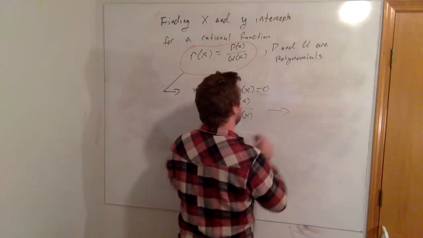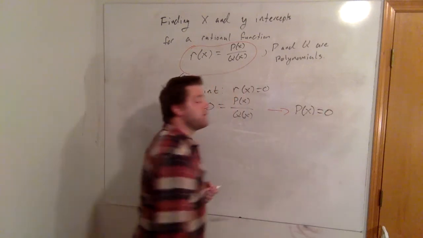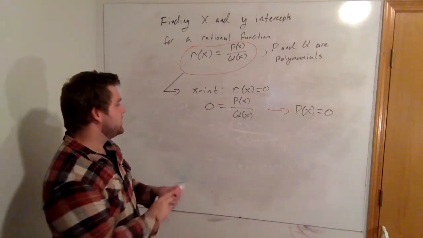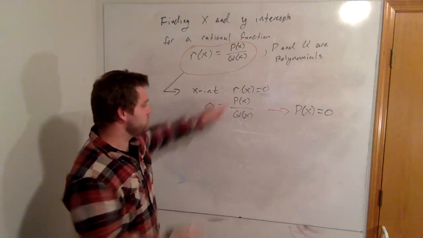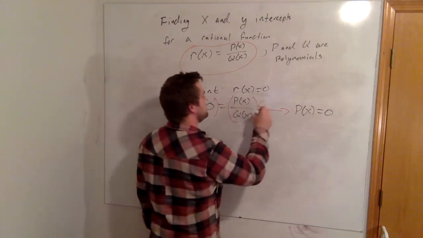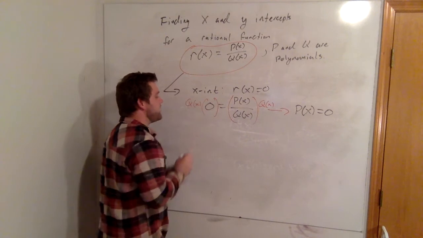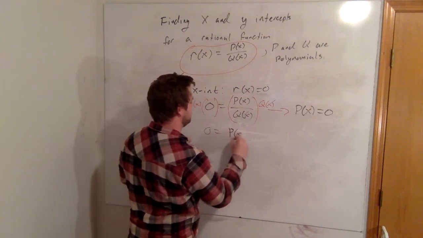Well, that's just when the numerator is 0. So when you're looking for x-intercepts, you only need to look where the numerator is 0. Again, if you don't like this quick argument that a fraction is only 0 when the numerator is 0, just use that great technique for solving equations to clear the fractions. These will cancel, and I'll just get right when p of x is equal to 0.